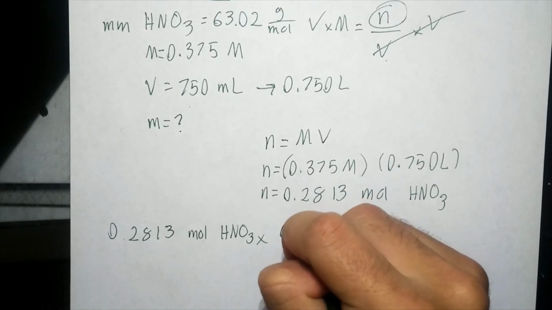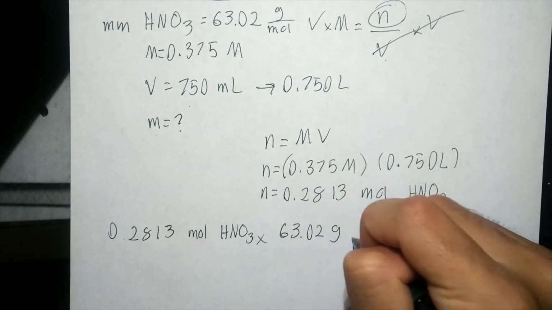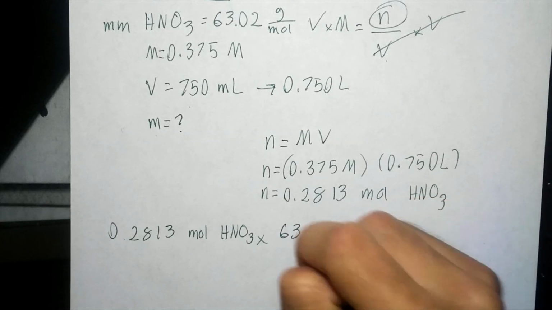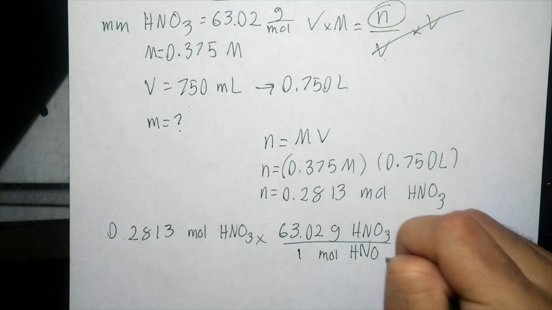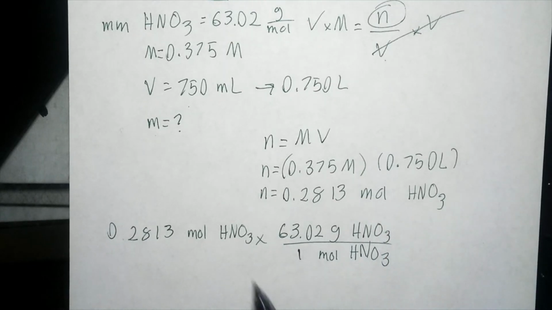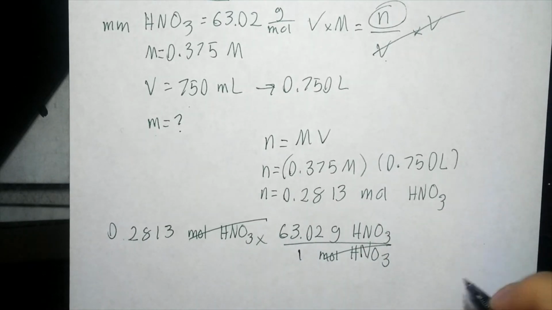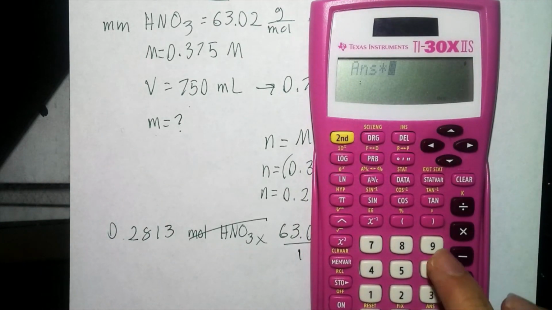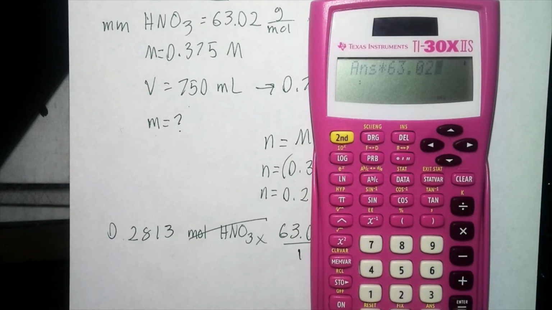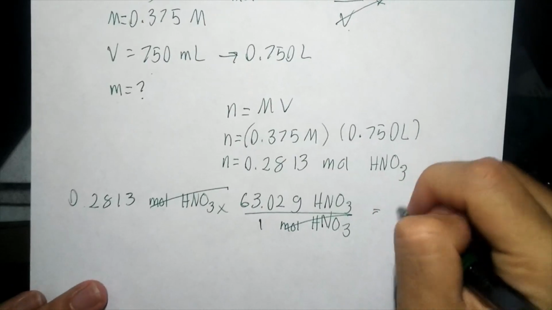So it'll be 63.02 grams of nitric acid per 1 mole of nitric acid. Here, moles cancels out, and you just have to multiply this number by 63.02. You should end up with a mass of 17.7 grams.